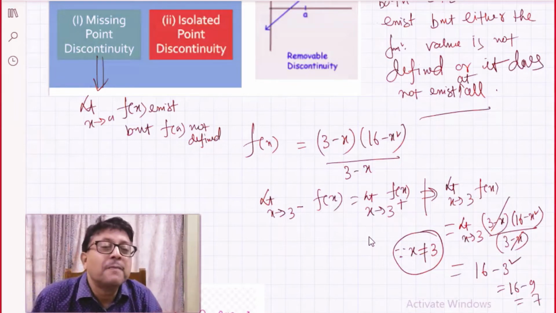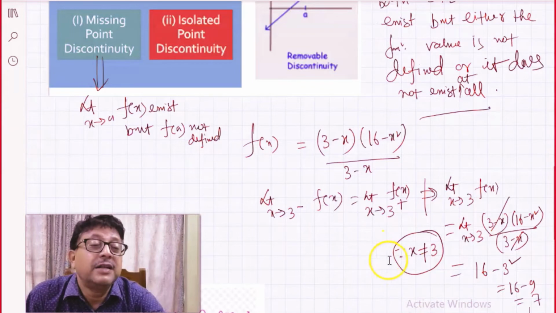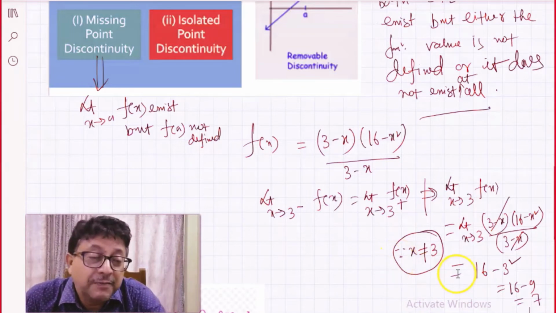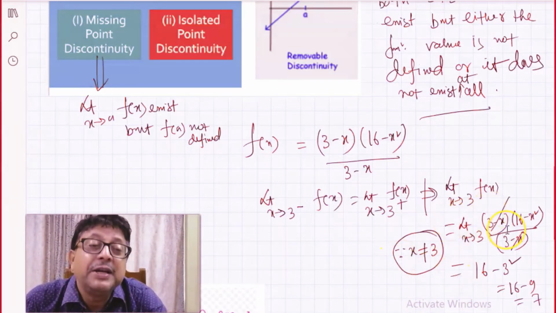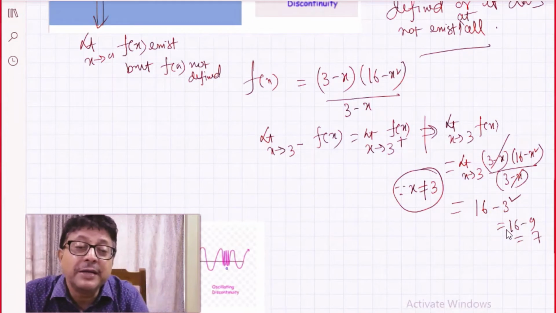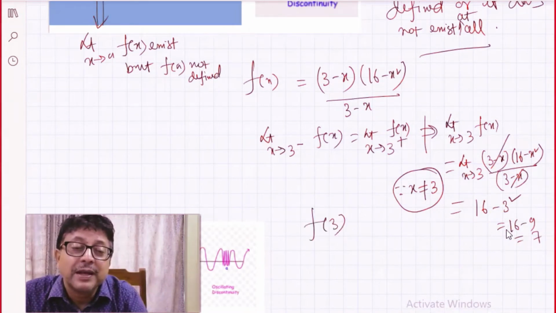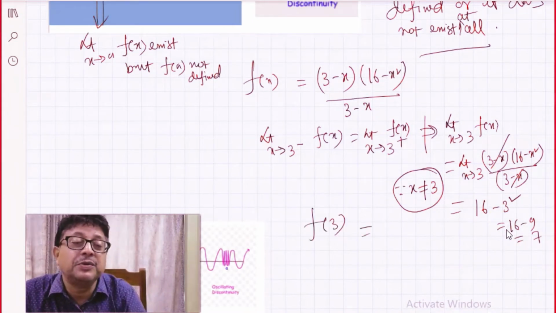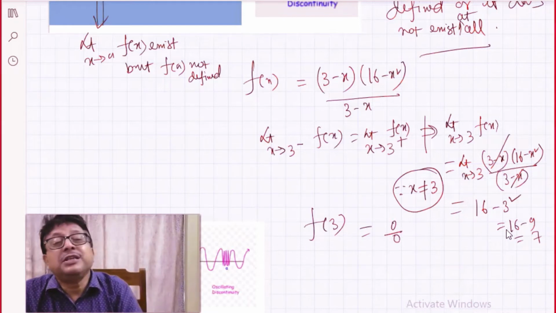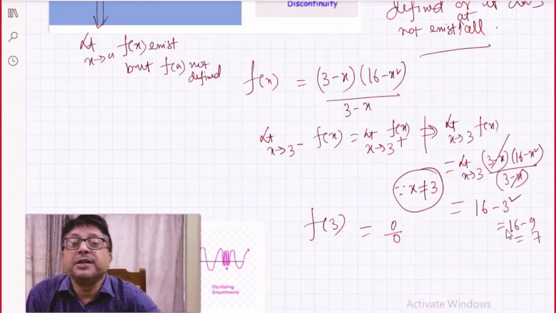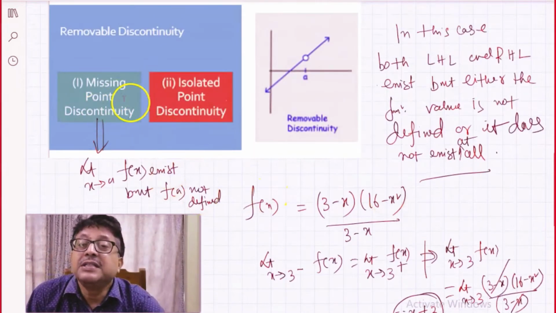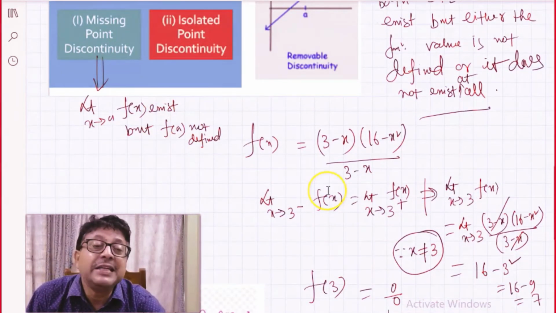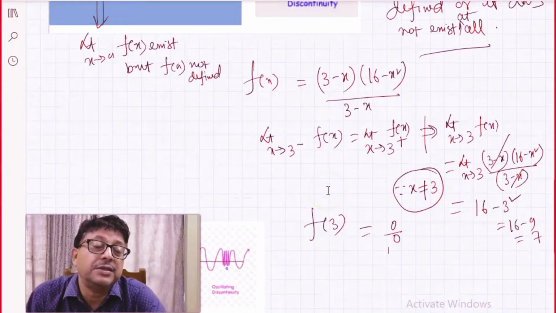So you see here this function has a limit which is defined. Limit x tending to 3 f(x) exists, but what is f(3) here? f(3) going to be equal to 0 by 0. Okay, so this is removable discontinuity of this kind, which is known as missing point discontinuity.